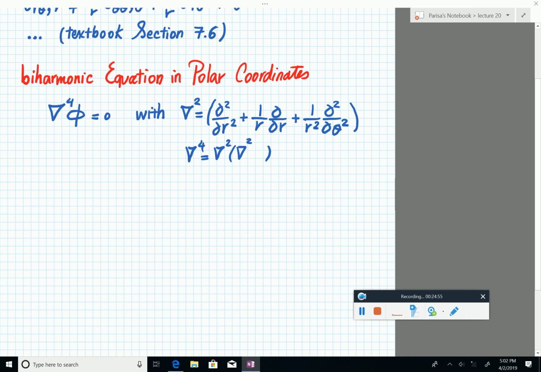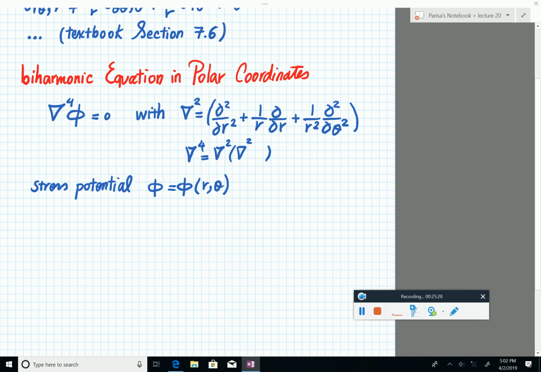In polar coordinates, we also need to know the relationship between the stress and the Airy stress function, right? So the stress potential, which is the Airy stress function phi, is now a function of what? It used to be a function of x and y. Now it is a function of r and theta, right?